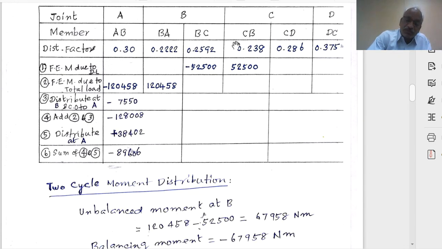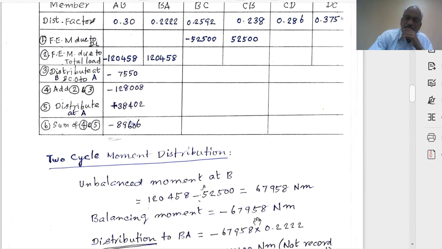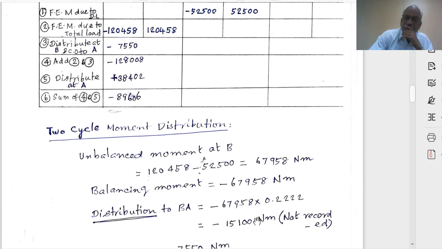And here we just distribute the value, and whatever value is carried over to AB, that alone is recorded. So, this is the difficult process, and if that is not a problem, we can write all distribution and carryover two times. That also can be written. This is the one that we have to just remember.